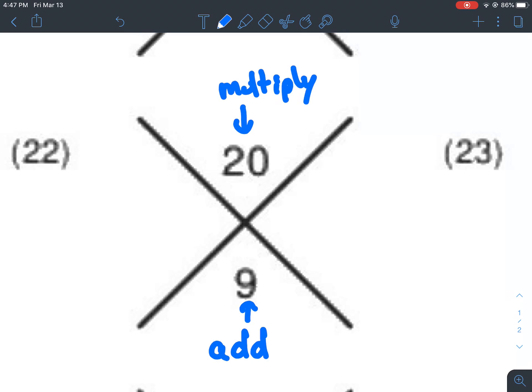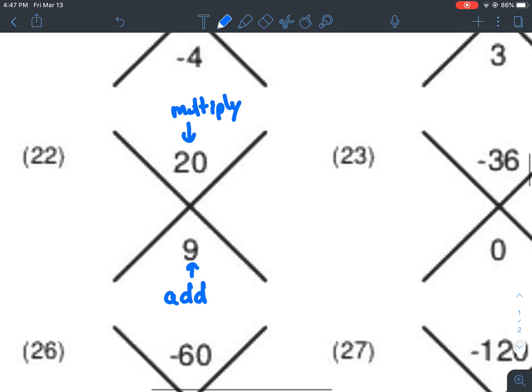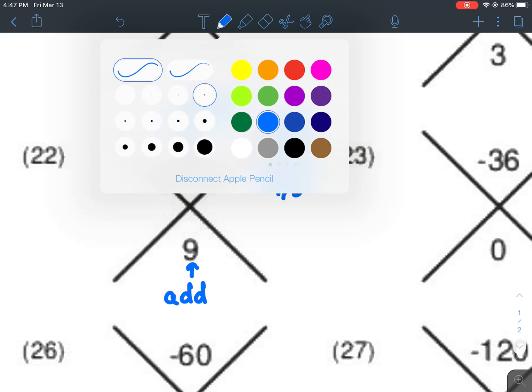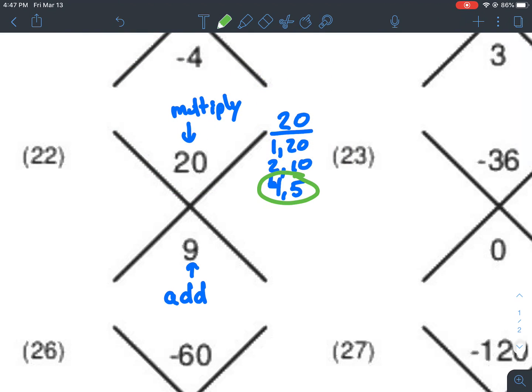The easiest way to think about this is to do what we've been doing these last couple days: think about the factors of 20. 20 has factors of 1 and 20, 2 and 10, 4 and 5. Which of those add to 9? Obviously that is the bottom one. So 4 goes on the left, 5 goes on the right, or you could put 5 on the left and 4 on the right, it doesn't matter. The two special numbers are 4 and 5.